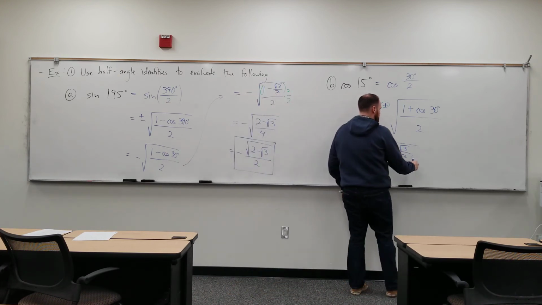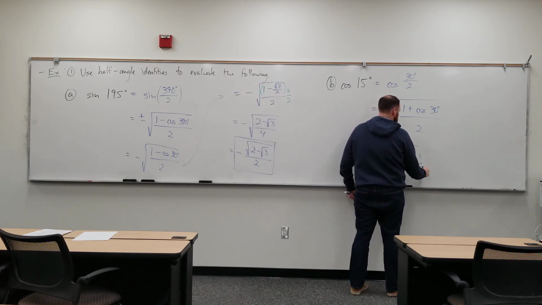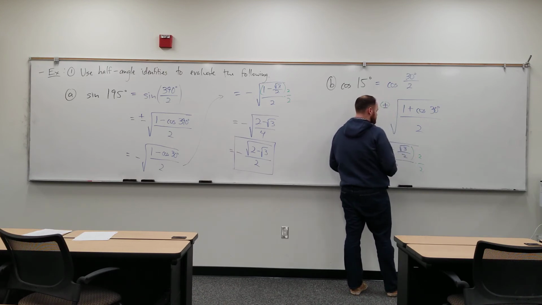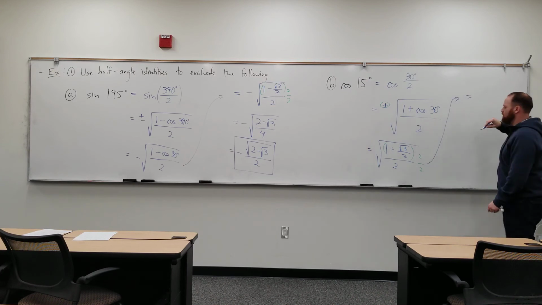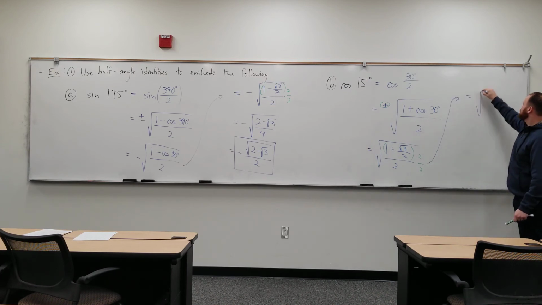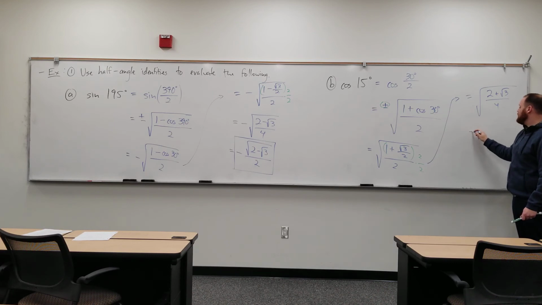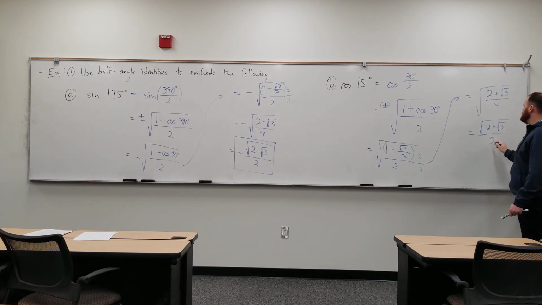We can multiply by 2 over 2, and we're going to end up with square root of 2 plus square root 3 over 4. We can apply the square root to the numerator and denominator separately, and then we get square root 2 plus square root 3 over 2. That's the answer there.